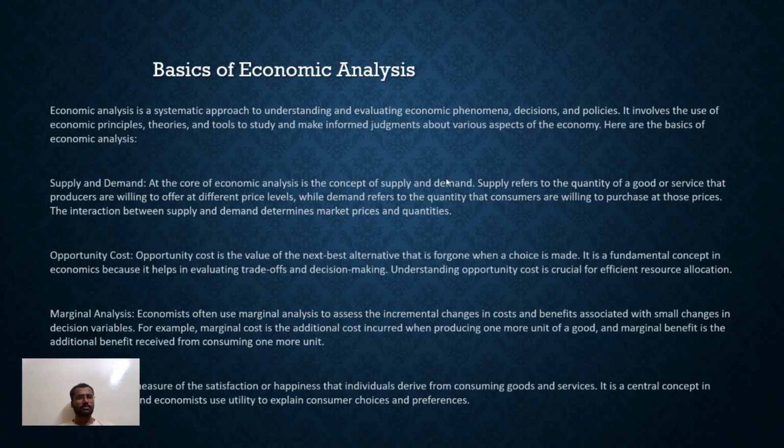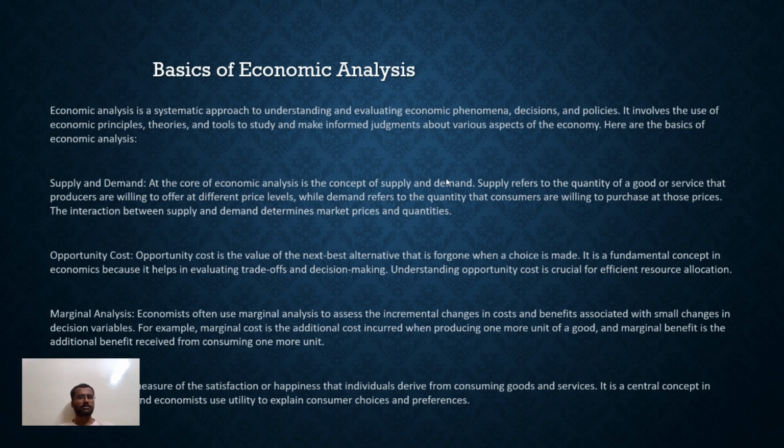At the core of economic analysis is the concept of supply and demand. Supply refers to the quantity of a good or service that producers are willing to offer at different price levels, while demand refers to the quantity that consumers are willing to purchase at those prices. The interaction between supply and demand determines market prices and quantities.